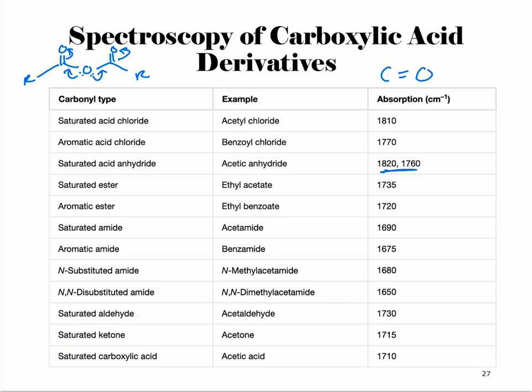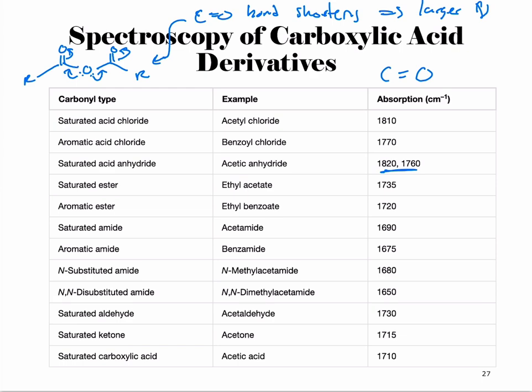Resonance effectively pulls electron density away from the carbonyl bond because it can share then with the anhydride. And although it isn't a major contributing structure, it shortens the carbonyl bond. So the C=O bond here gets shorter, and then that makes it move to larger frequencies.